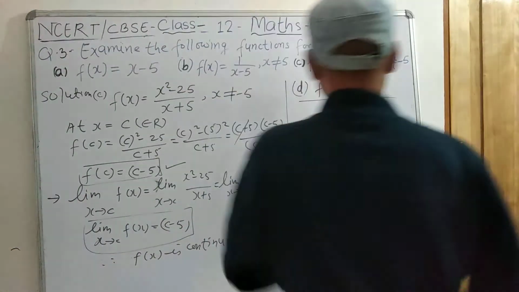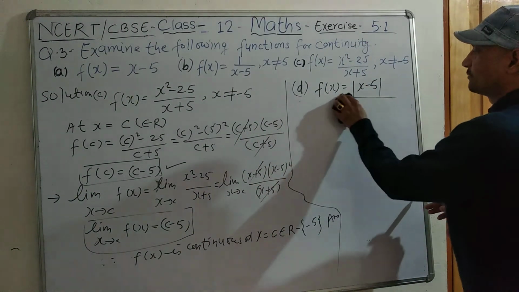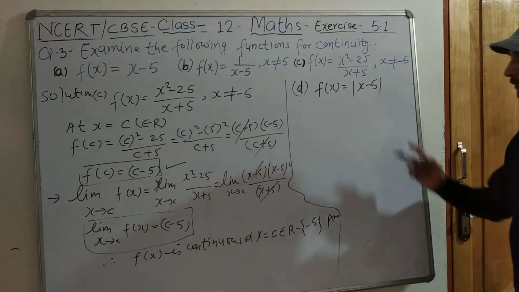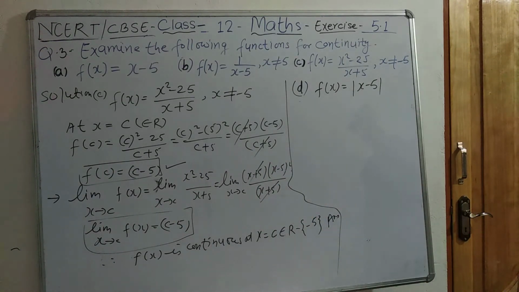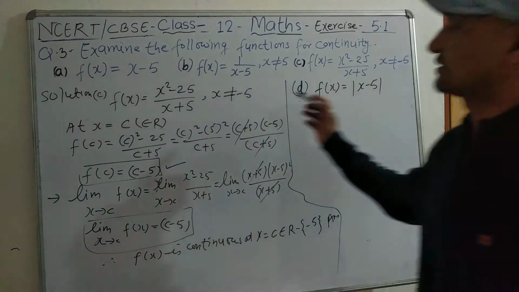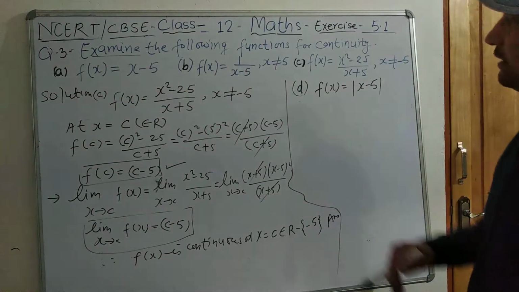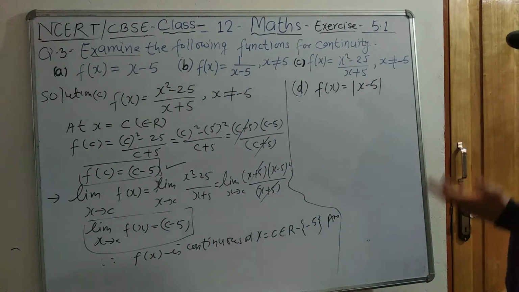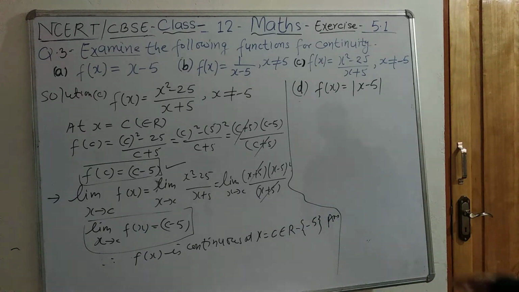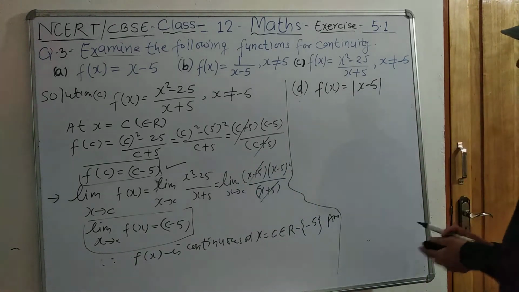Now part D is f x is equal to this modulus, and the modulus function is always continuous. But actually we should examine this: linear polynomial, any type of polynomial, linear, quadratic, cubic, or the identity function, is continuous. Modulus is always continuous.